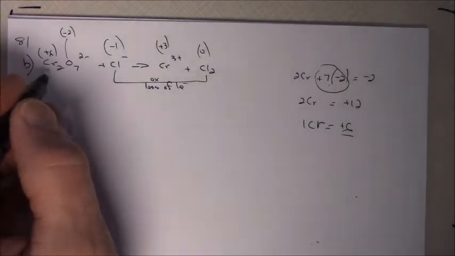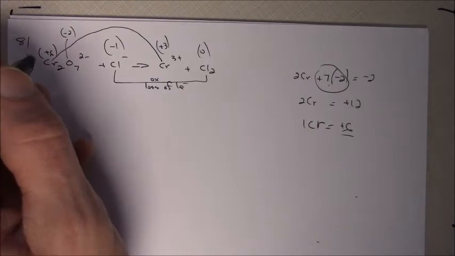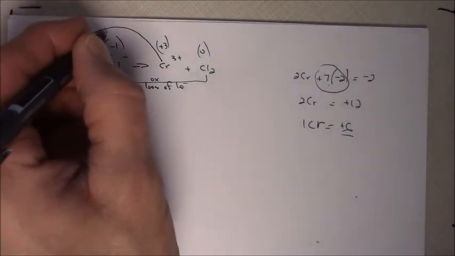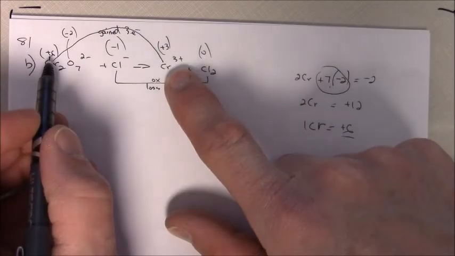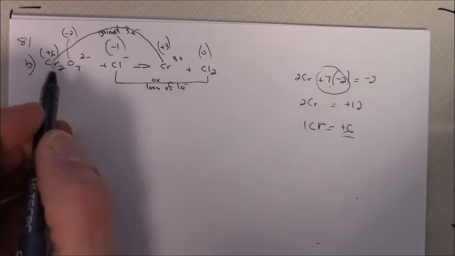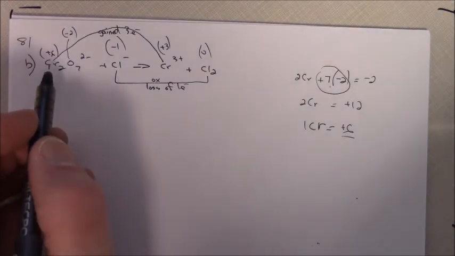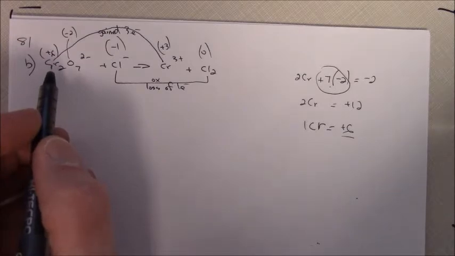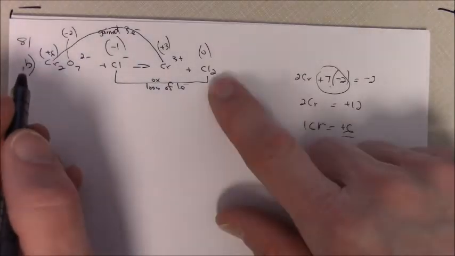The chromium has gained 3 electrons. And again, you want to make sure, because some students still think that because there's 2 chromium, somehow there should be like 12 or something like that. That represents the charge on one of the individual chromium atoms itself. So we're doing it on an atom-to-atom basis.